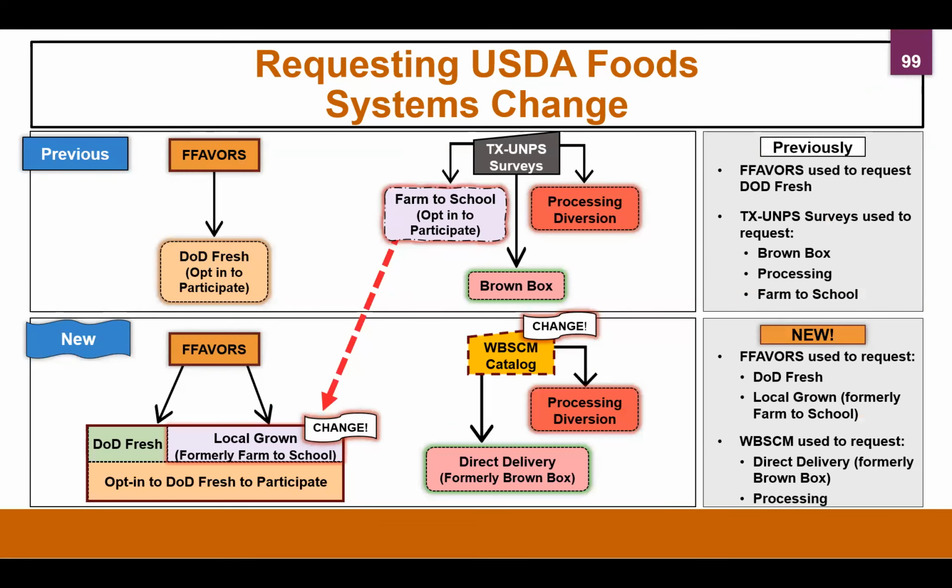Another change is how we order DoD. So DoD was always through FAVORS. That's going to stay the same, but now included in your DoD in FAVORS is also your farm to school, now called local grown. So next year when you go into FAVORS, you will have both your entitlement for DoD and your farm to school amount.